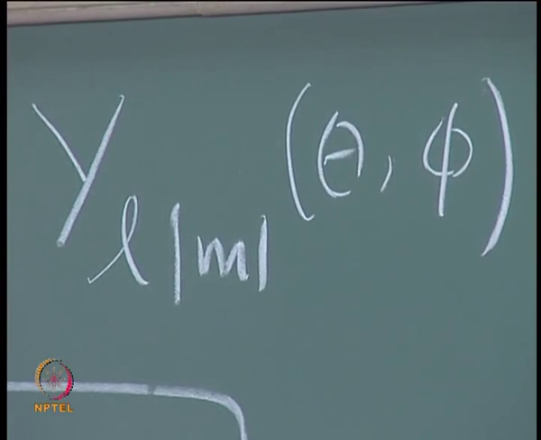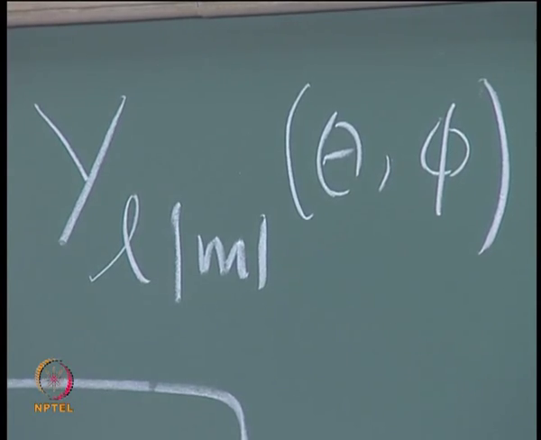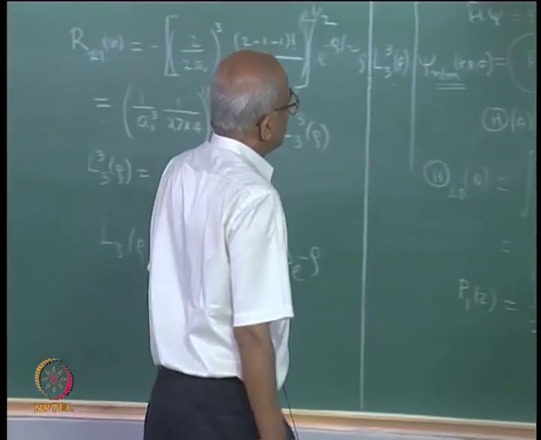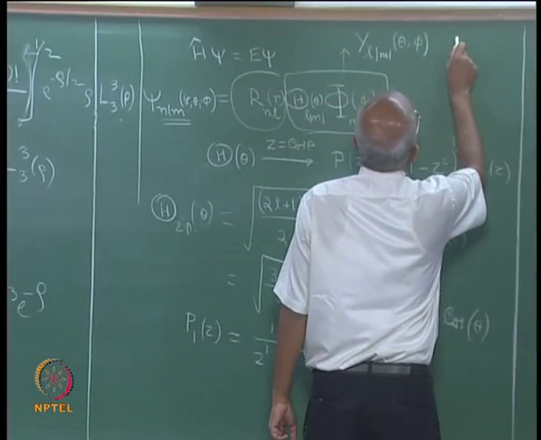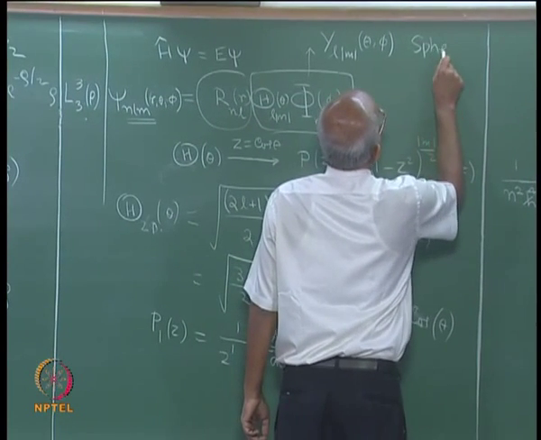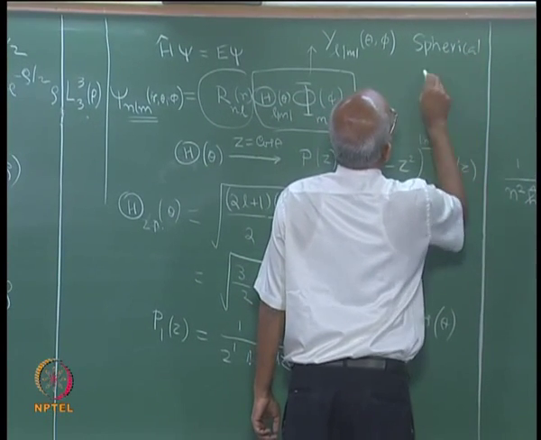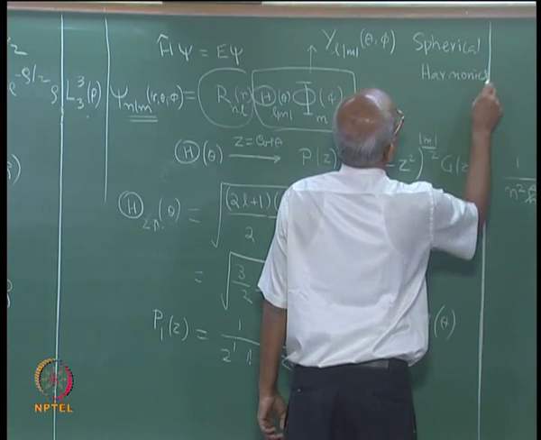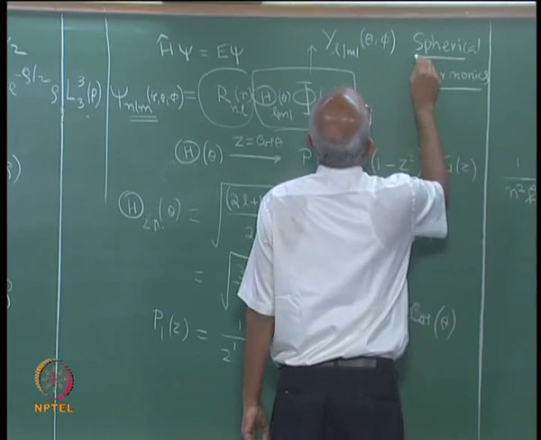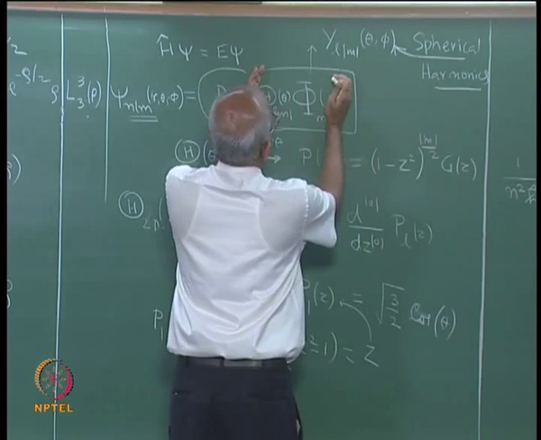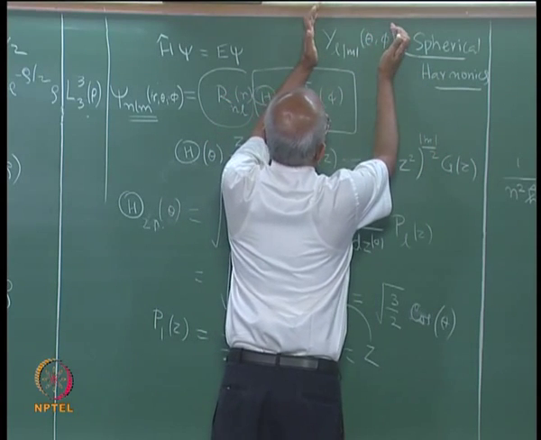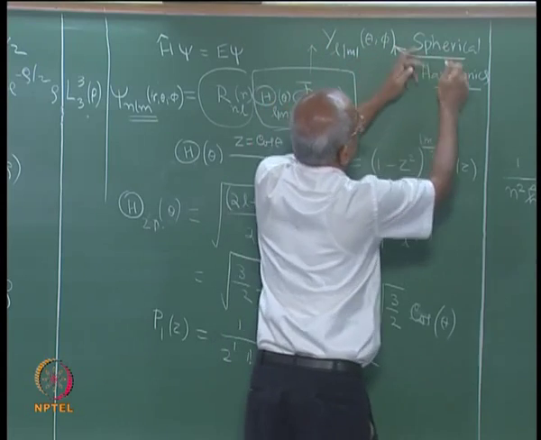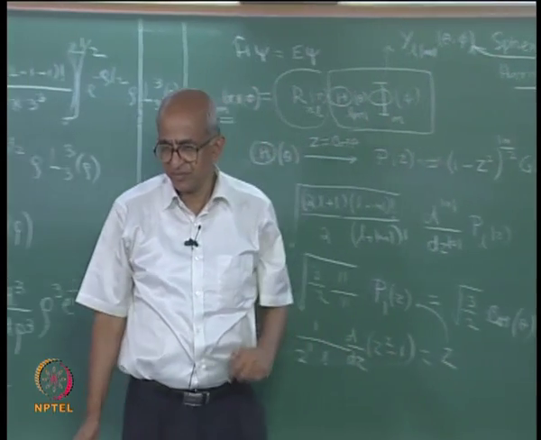Again, the reason is that these functions were studied by the mathematicians. These functions are known as spherical harmonics. Okay. These two together are denoted as capital Y and they are known as spherical harmonics.